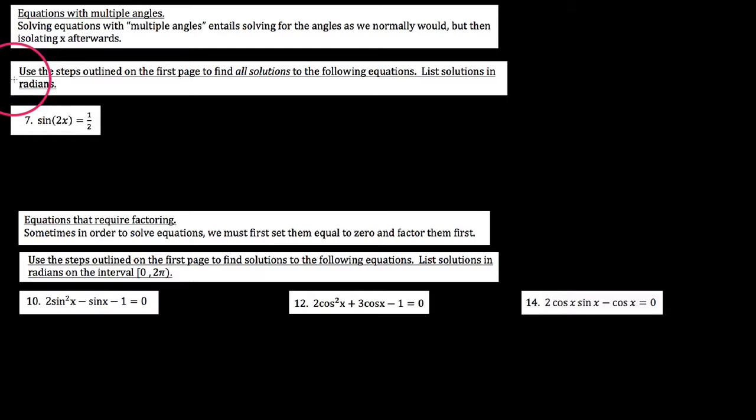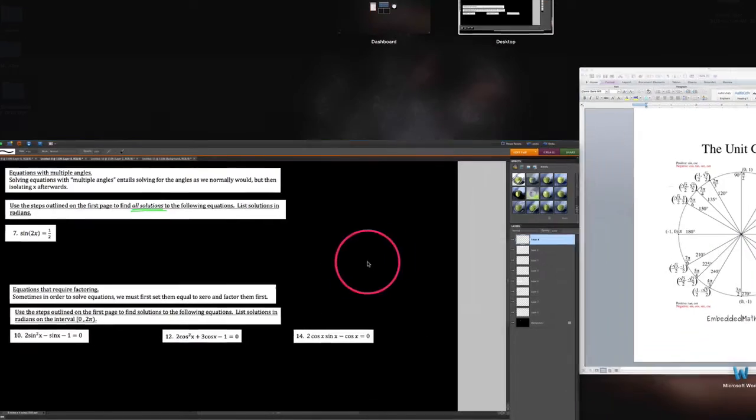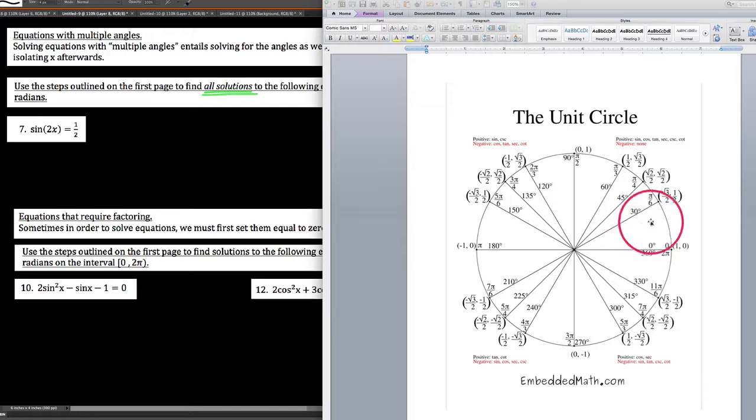The only other difference about this one from the previous two we looked at is also going to be that I want to use the steps outlined on the first page to find all solutions to the trig equations. And so that is to say that there aren't just the ones that are between 0 and 360 that land here, but let's say 30 degrees is a solution, then so would be 390, just because I could tack 360 degrees onto that. Or basically 30 degrees plus any amount of 360 degree rotations would be a solution if 30 degrees is a solution.